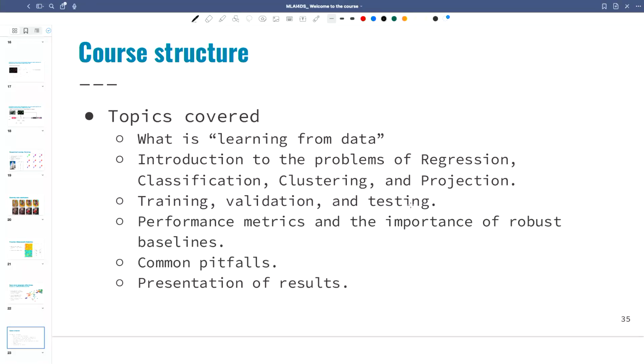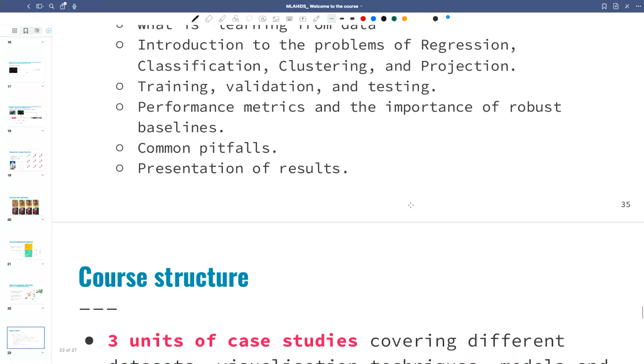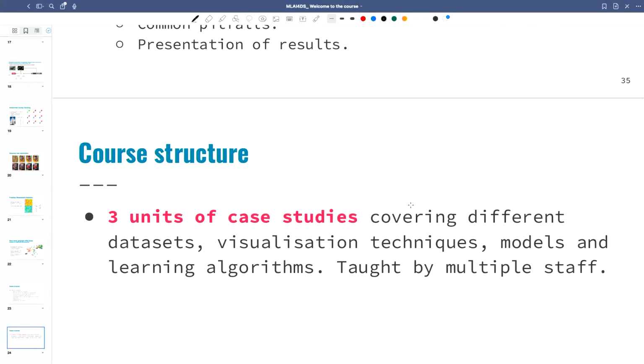We are going to have detailed lectures, each on classification, clustering, regression, and projection, through which we're going to see how training, validation, and testing works, and how we are going to assess the performance, the metrics of the baselines of the models, and the common pitfalls like underfitting, overfitting that you almost know instantly in this class, and how we can present the results.